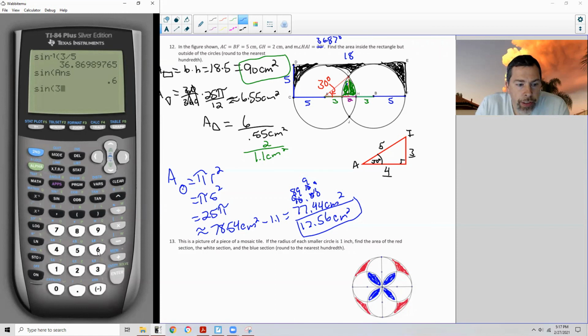Sine of 36.87 equals 3/5. Okay. Cosine of 36.87 is 0.8, which is 4/5.